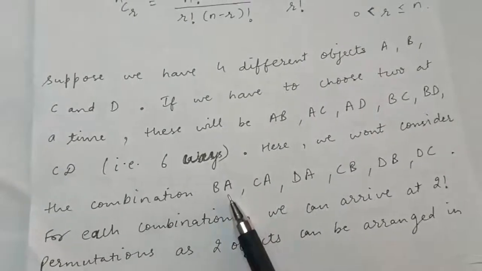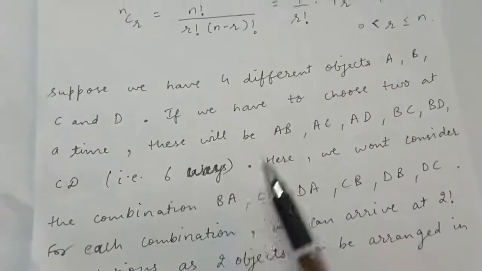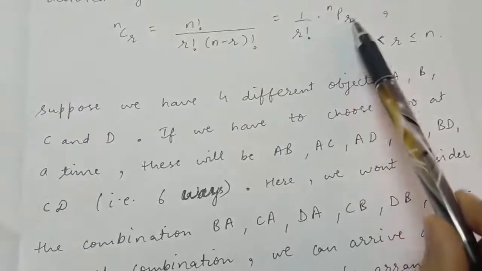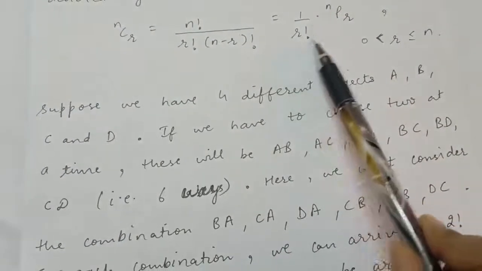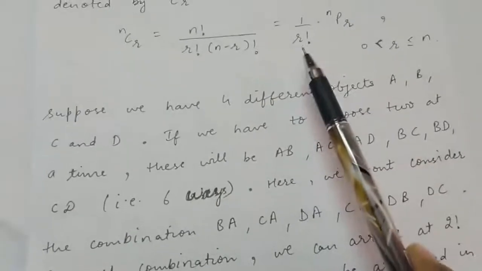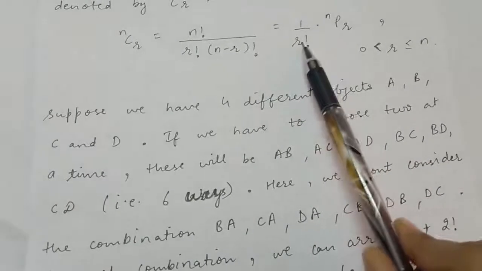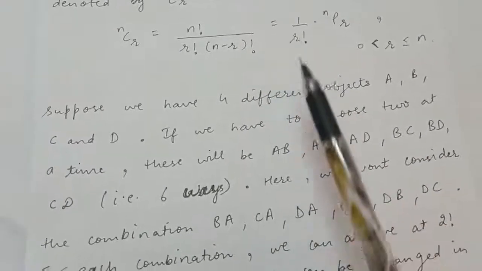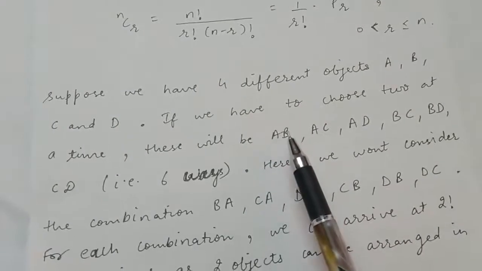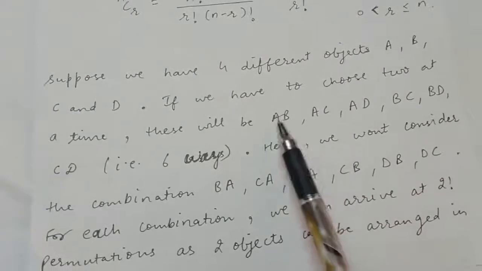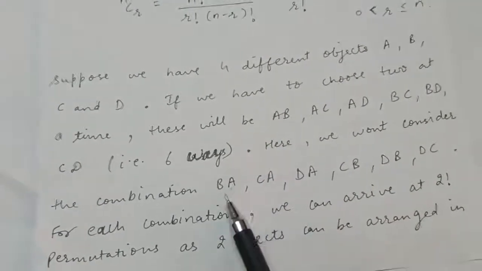Therefore, because in combination order does not matter, we divide the formula of permutation by R factorial, because when we are taking R objects at a time, they can be arranged in R factorial ways. Like these two objects A and B can be arranged in two ways, AB and BA, right?